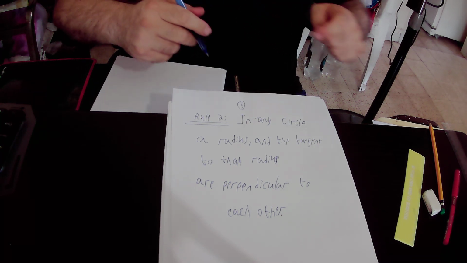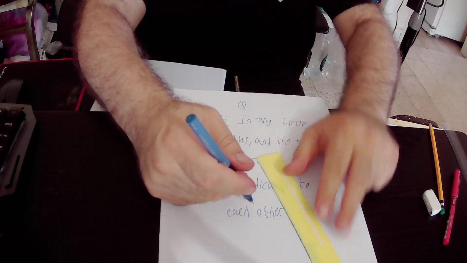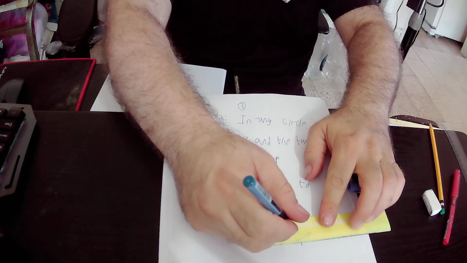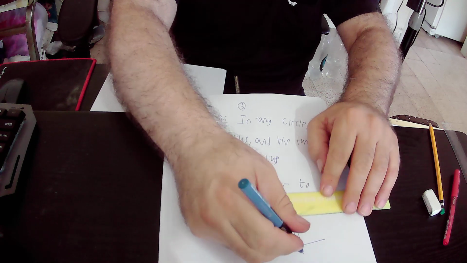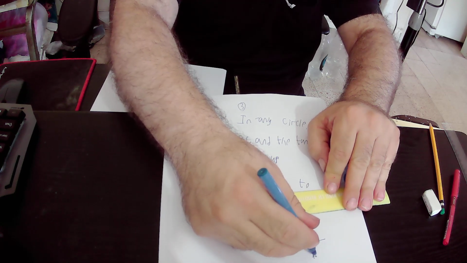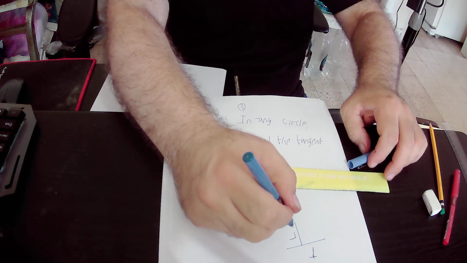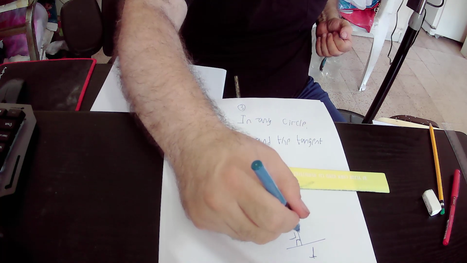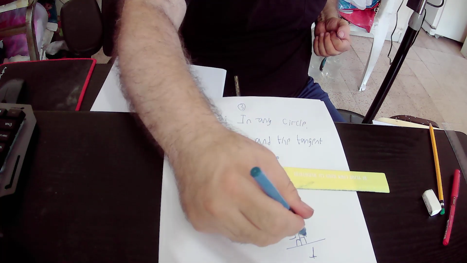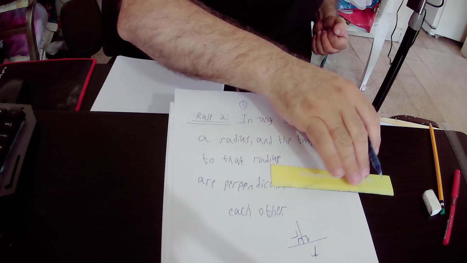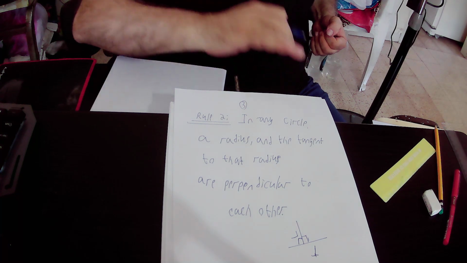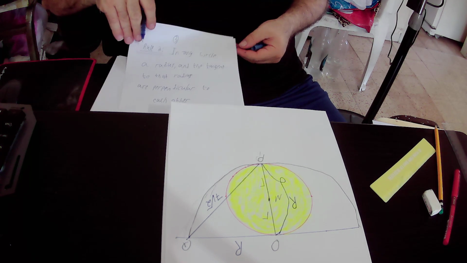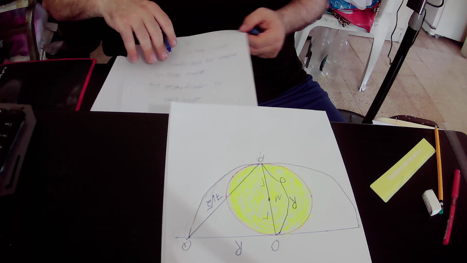So if we have a radius, let's call it R, and we have the tangent to that radius, let's call it T, then the radius is perpendicular to the tangent, that is to say this angle is 90 degrees and this angle is also 90 degrees. So we can implement rule number 2 in our circles.